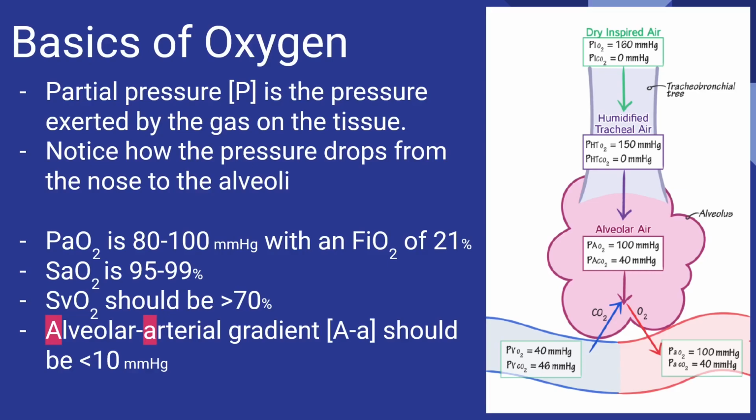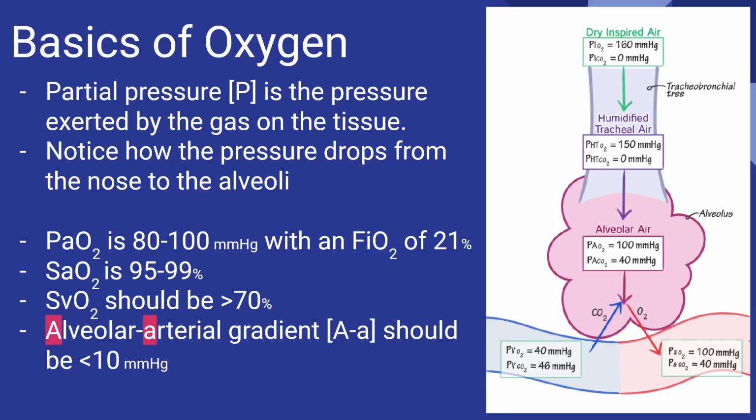If you listened to the hemodynamic lecture, we talked about SvO2, the saturation of oxygen in the venous system, which should be around 70%. If it's too low, we're overutilizing or not receiving enough oxygen, and it comes back to the lungs lower. If it's too high, we're not pulling oxygen off and utilizing it in the cells.